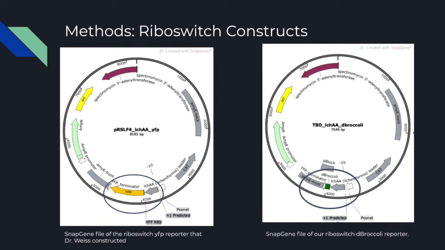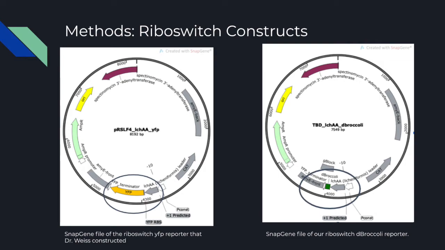This plasmid construct already targets cyclic di-GMP and is thus our targeting segment. Then, in our lab, we take this plasmid and remove the fluorescent protein, circled in the plasmid on the left, and add our fluorogenic aptamer, which is in the plasmid on the right. This is our reporter segment. Together, these two main segments make up our Riboswitch reporter.